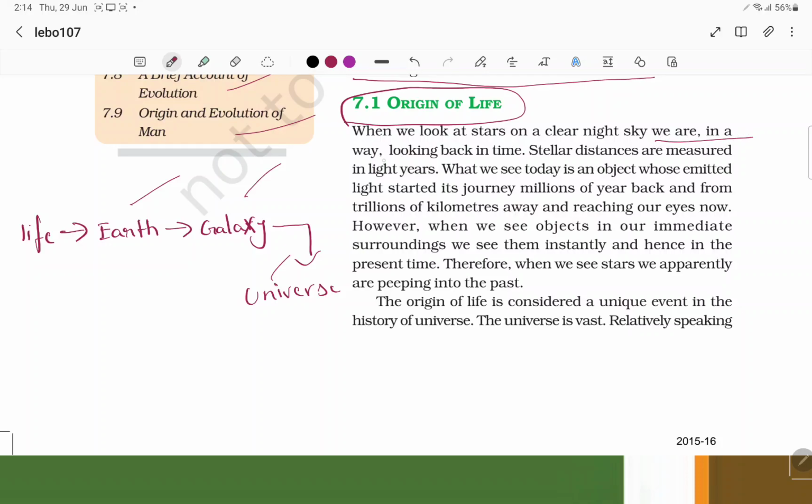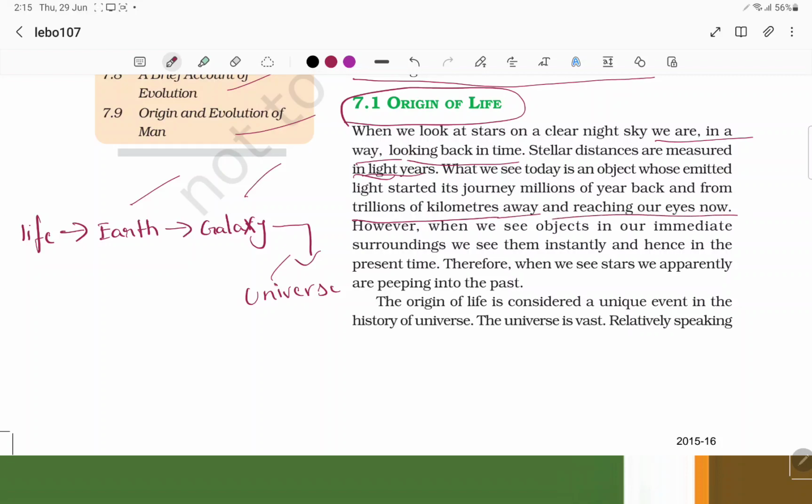And let's see, when we look at a clear sky, we are in a way looking back in time. Why? Because stellar distances are always measured in light years. So if we see an object today, that means the object emitted light that started its journey millions of years back, from trillions of kilometers away.